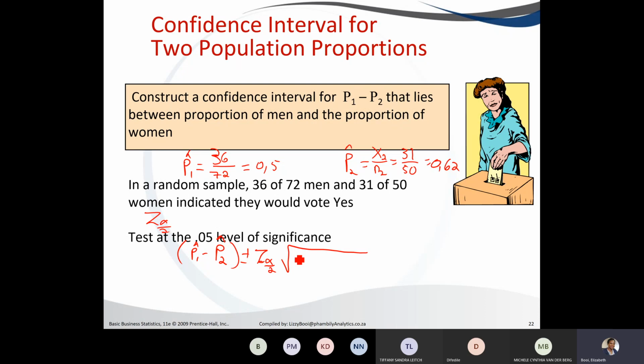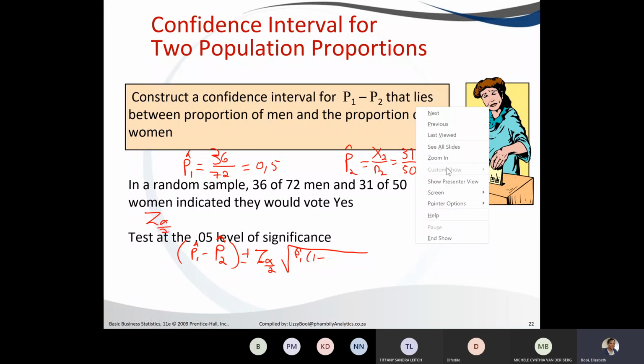Times P1, 1. Let me do it on a blank screen, because I can see that I'm going to run out of space while I am trying to write here. So I must write all these values that we have here: 36 over 72 is equal to 0.5, and 31 over 50 equals 0.62. Let's do this.